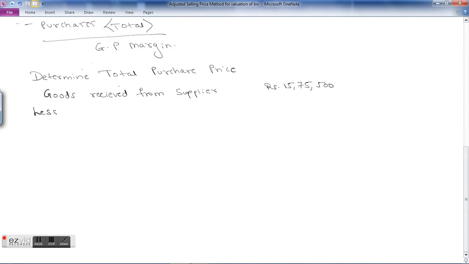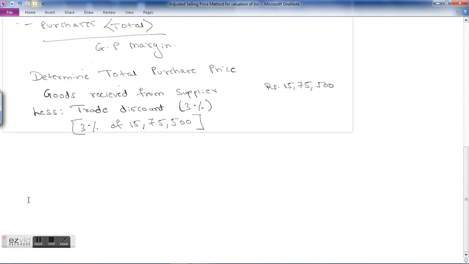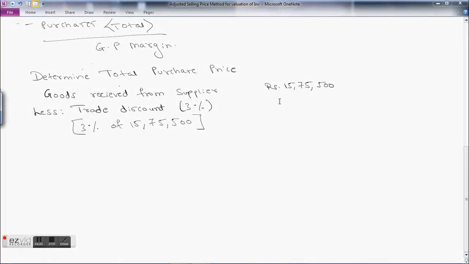So less trade discount 3%. It will be 3% of 15,75,500. We are reducing the trade discount. It's a discount, so we have to reduce it.